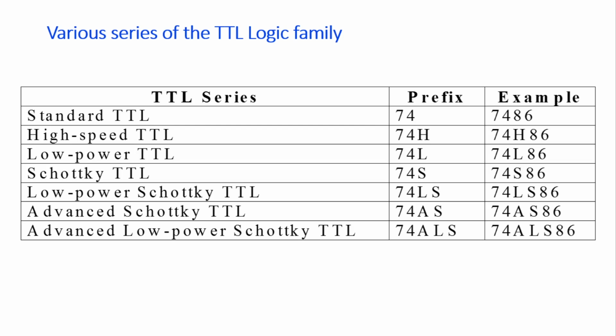The examples are 7486, 74H86, 74L86, 74S86, 74LS86, 74AS86, and 74ALS86. So these are the ICs and their families, which come under the TTL logic families.